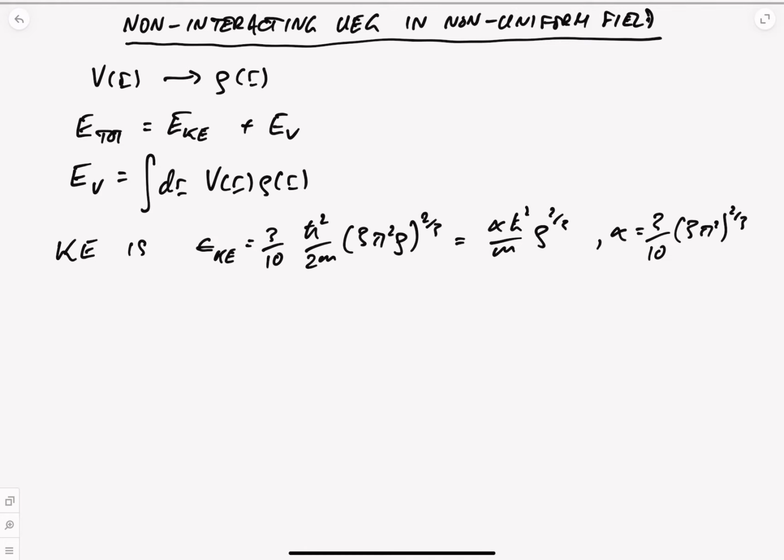That is the kinetic energy per electron for the uniform electron gas.